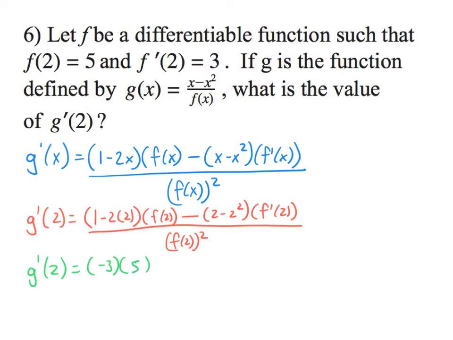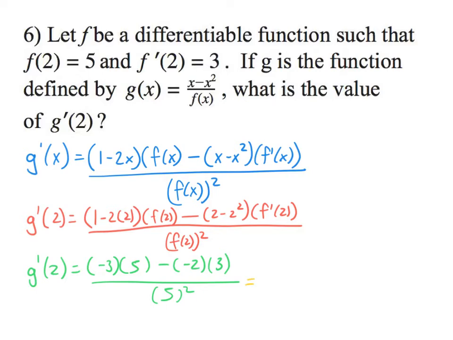Sweet, we have 5. Minus, okay, 2 minus 4 would be negative 2. F prime of 2, what's f prime of 2? F prime of 2 is right here, it's 3. So I'm going to replace this with 3. Okay, that's all divided by something squared. So what is f of 2? F of 2 again was 5, so I'm going to replace that with 5 again. And now we're going to simplify this.